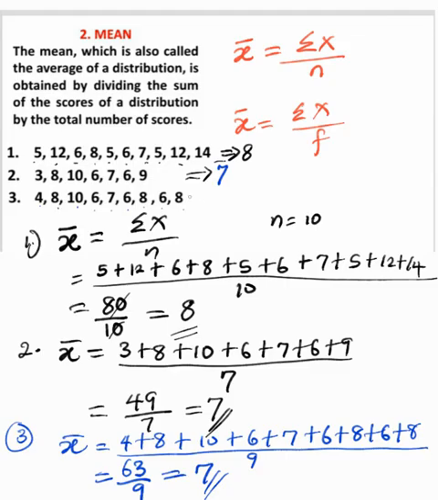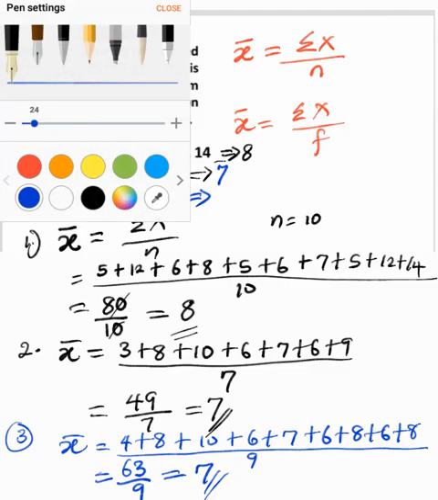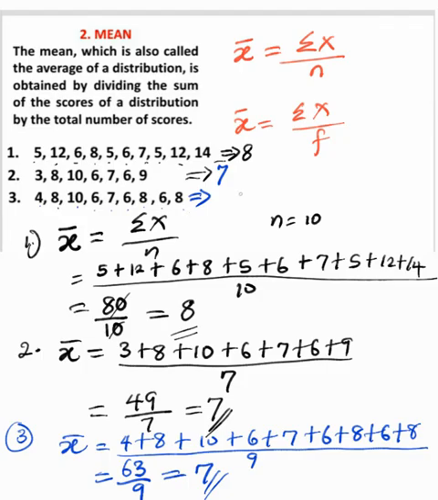Therefore, the mean of this last question, that is question number 3, is also 7. So anytime, any day, we have this kind of question, the mean should be calculated this way.